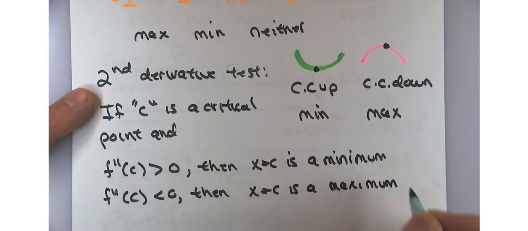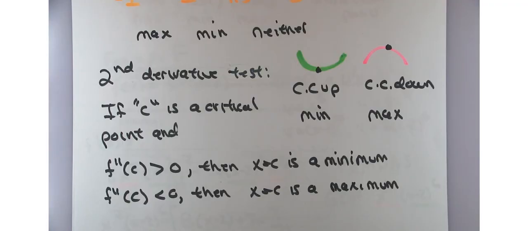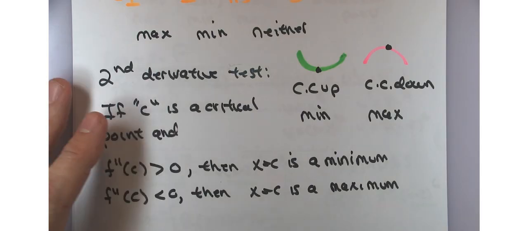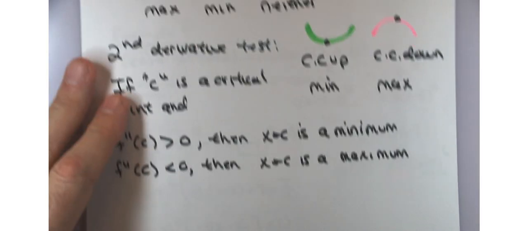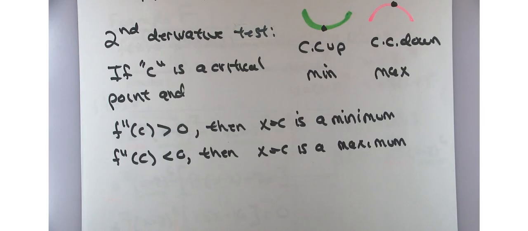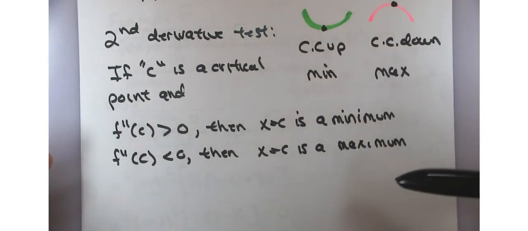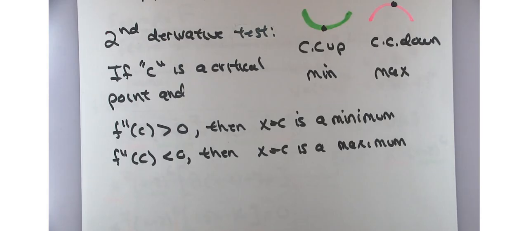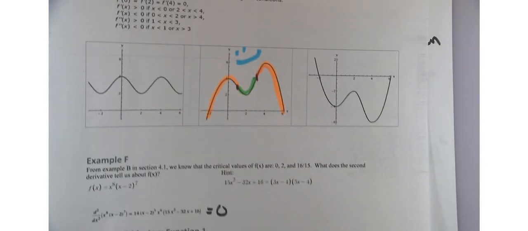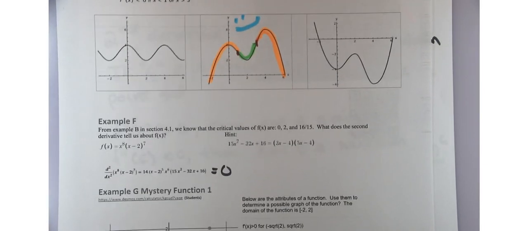So sometimes it's a shorter way to decide if something is a minimum or maximum, because a lot of times once you find these critical points, you don't know if they're minimums or maximums until you start looking at the graph. That's the second derivative test. Does it work for us here? Well, let's do a quick test at x equals 0.